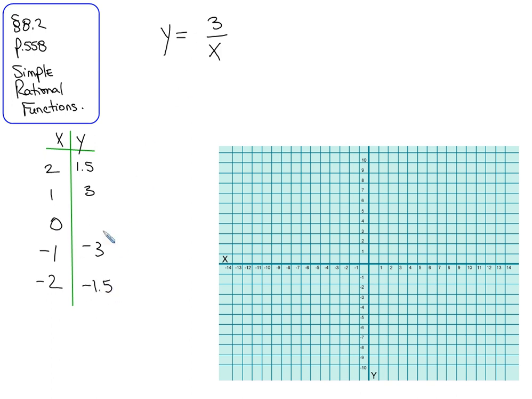The problem is, what do I get when I plug 0 in? Undefined. If I try and plug 0 in for my x-coordinate, what do I get for a y-coordinate? What number do I get for the y-coordinate? Yeah, undefined means we don't get a number, right?